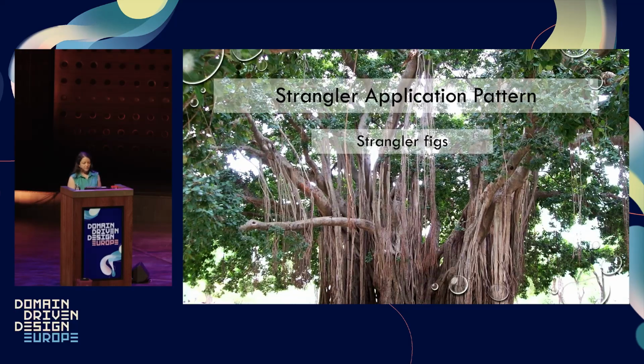The strangler app pattern is a pattern of partial rewriting in a legacy system. It's in the image of the strangler fig trees. These plants grow around the host tree and gradually suffocate it until it dies.